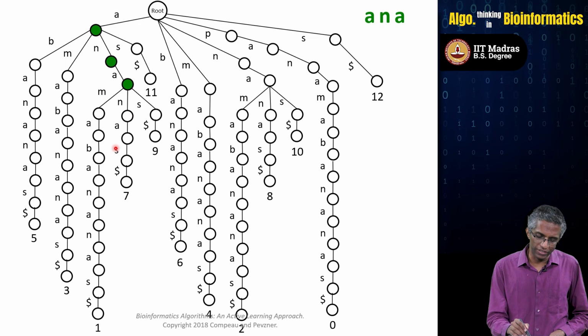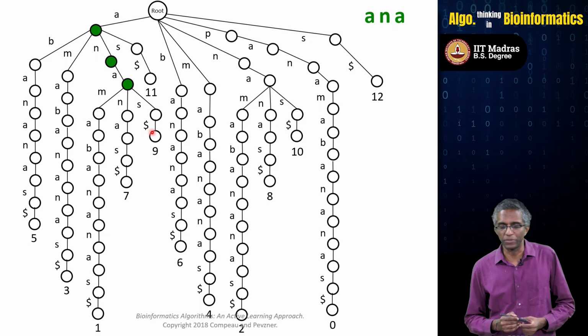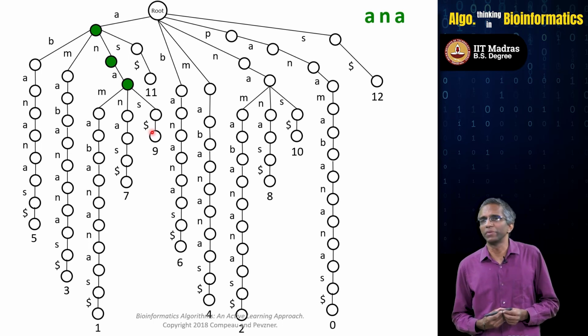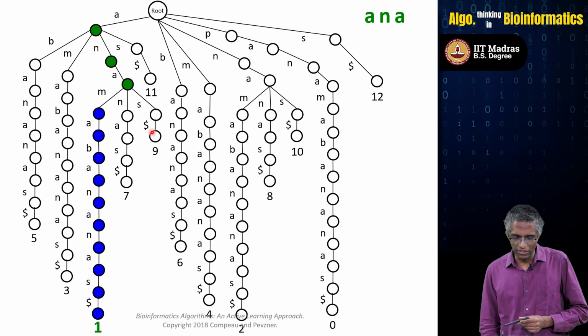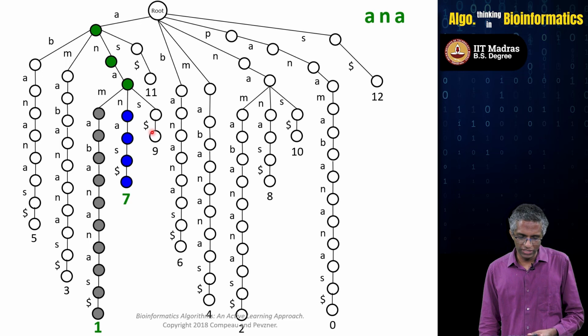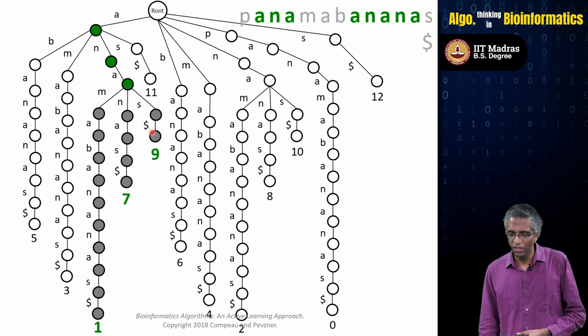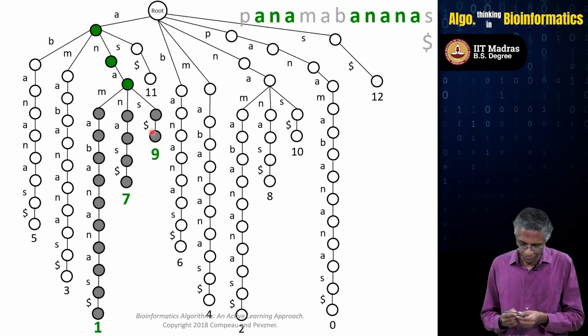This is at location 1 it is matching, then you can go down this to see at location 7 it is matching, and then go down here to see at location 9 also it is matching. So ANA is going to match at 3 different locations, 1, 7 and 9, which is indeed pointed out here, and which is indeed true.